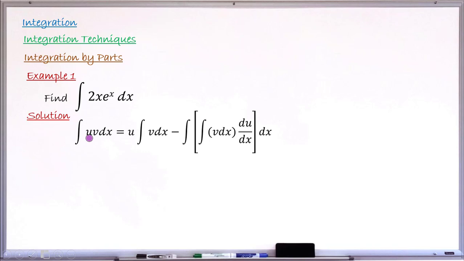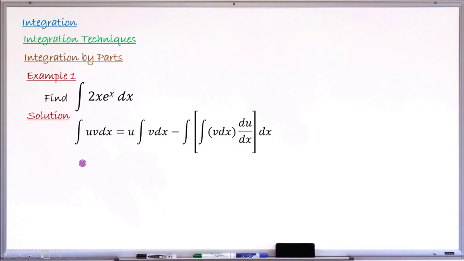It says the integral of uv dx, that is the integral of the product of two functions of x with respect to x, is nothing but u, the very first function, multiplied by the integral of the second function v with respect to x, then minus the integral with respect to x of, inside the bracket, the integral of the second function v with respect to x, then multiplied by du/dx. This is the formula. So I can now find this integral.